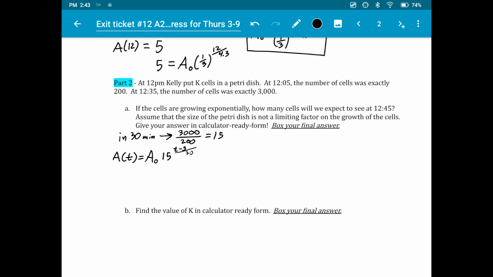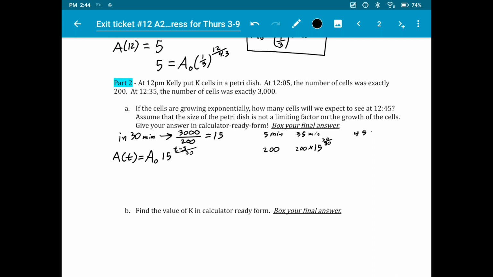So if we started with 200 cells at 5 minutes, then at 35 minutes we have gone 200 times 15 to the 30 minutes over 30 minutes. That's how much time has passed. Or 200 times 15 is 3,000.